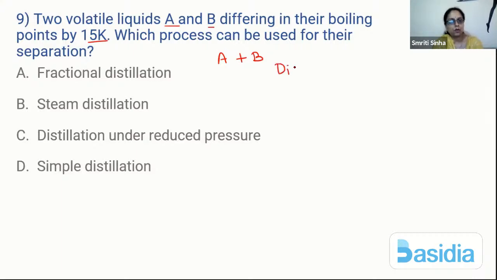Everyone knows that two liquids can be separated only by distillation. But which type of distillation? The difference in boiling point between these two liquids is only 15 Kelvin, so very little difference. In such a case, where the two liquids have very little difference in boiling point, they can be separated only by the fractional distillation technique.